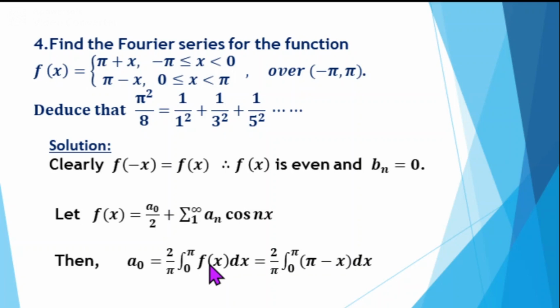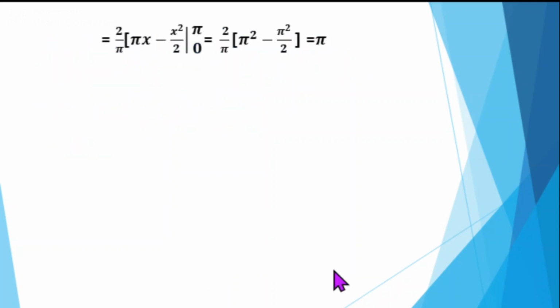So replace f of x by pi minus x, integrate and apply the limits. We will get a0 equal to pi. Then an is equal to 2 by pi integral from 0 to pi f of x cos nx dx.